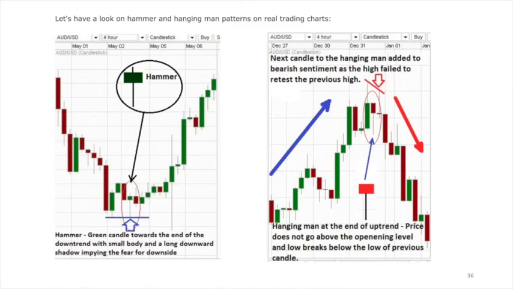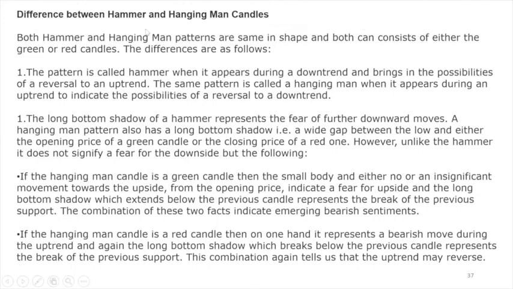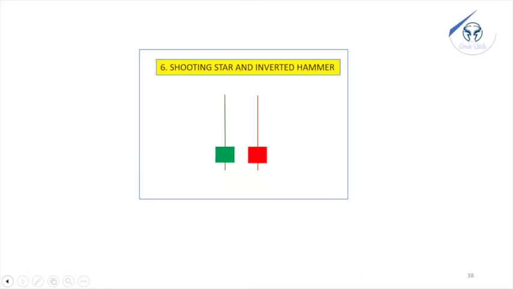So when you go through this slide presentation, you can do your own homework and look at the candles.